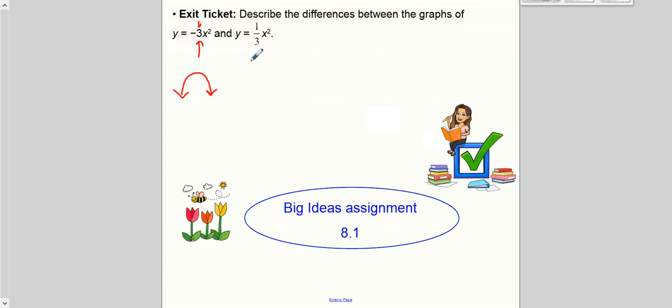This one, 1/3, that's going to open up, and it's going to have a shrink. So there's a couple different things going on. We have a shrink versus a stretch, and we have one that opens down versus opens up. It's important to know the differences and to know what our transformations are as compared to the parent function.